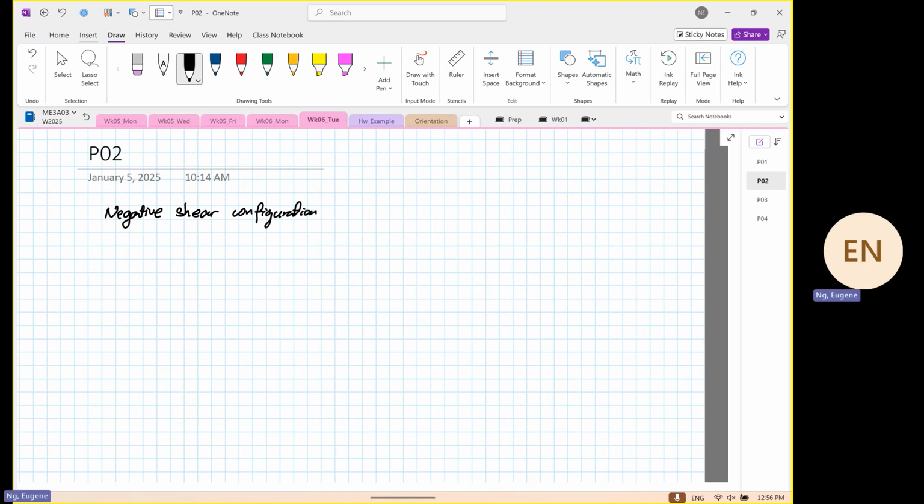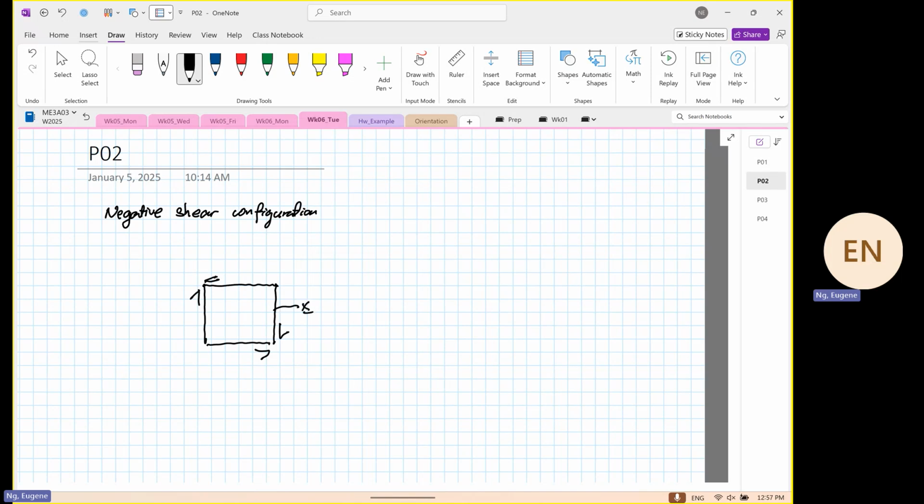Okay. So in negative shear, I'm going to draw negative shear for you. So negative shear for us is now looking like this. This is known as our negative shear.